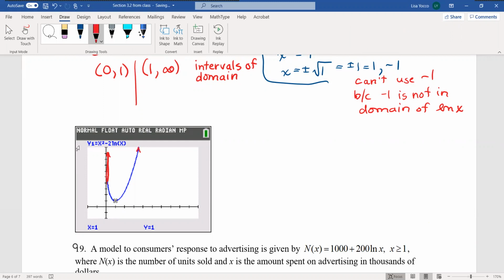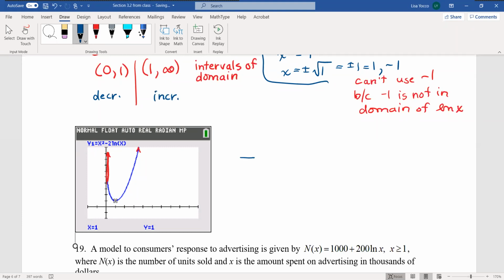That should go along with the fact that the domain is 0 to infinity. It should also be clear that the function is decreasing on this first interval. You should be able to see that from the graph. And then it's increasing the rest of the way.